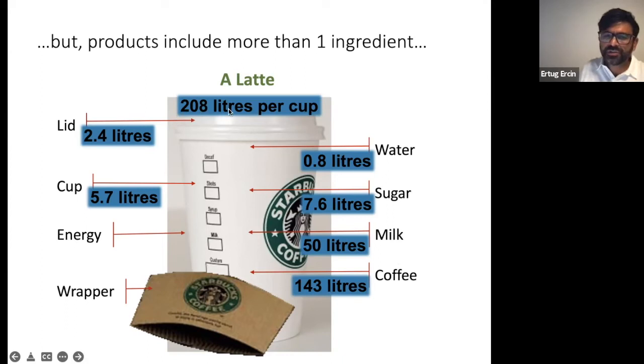Don't forget, 208 liters is approximately 50 gallons, so divide by 4 every time you see liters. And there are lots of other elements: the wrapper, the sleeve, the energy used to produce it, the glue, the ink used in the printers, the milk, the coffee, the sugar, the water. Everything you can see on the table needs water.